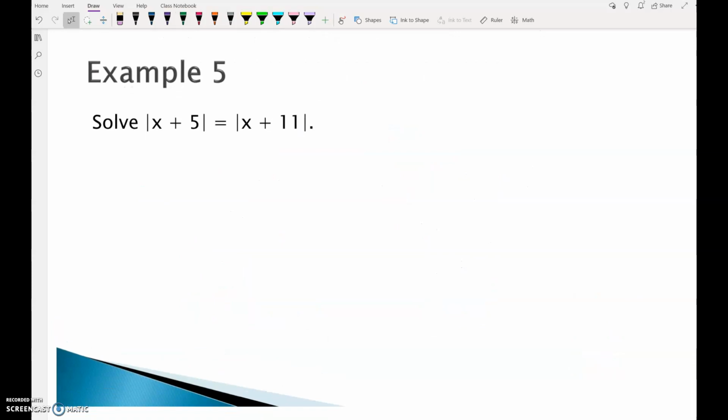So basically, if you have absolute value of stuff equals absolute value of other stuff, you set up two equations. The first equation is stuff equals other stuff.